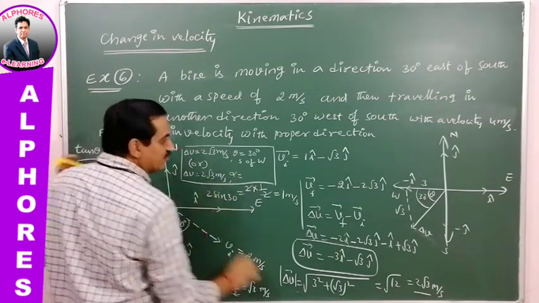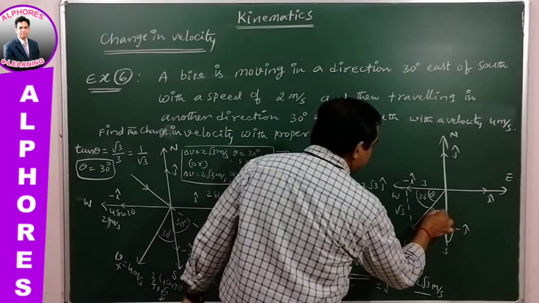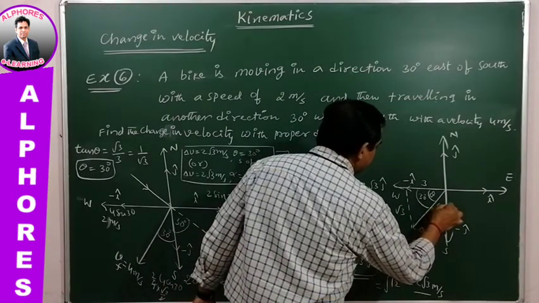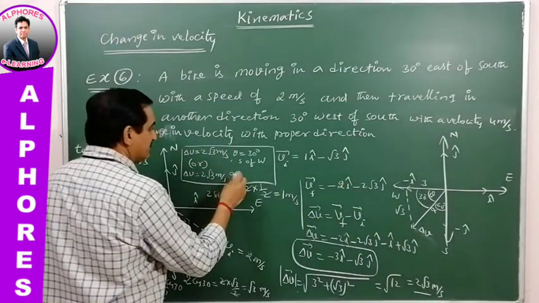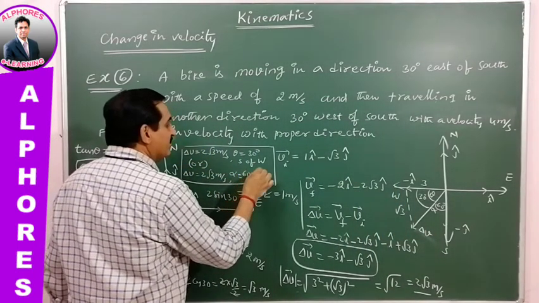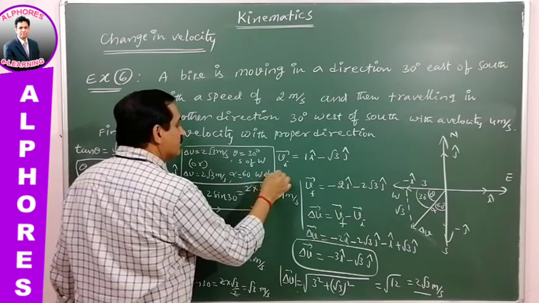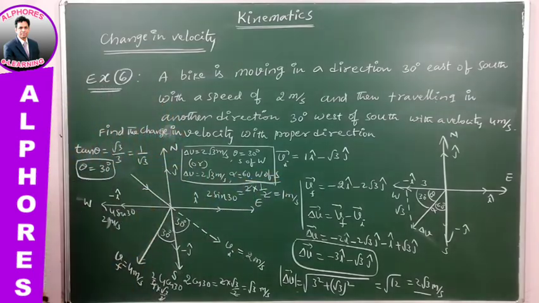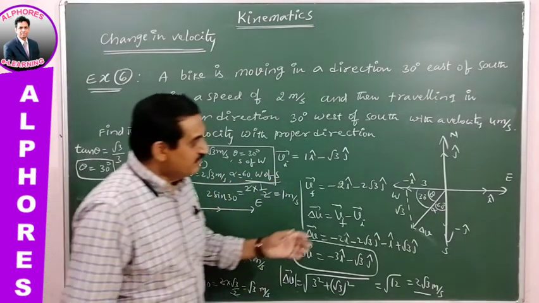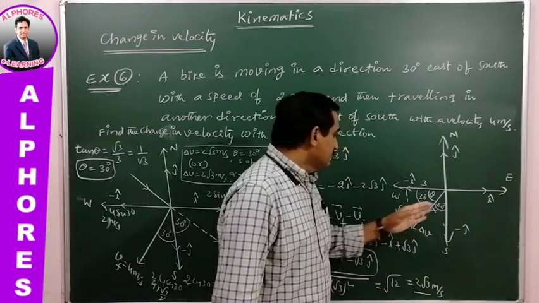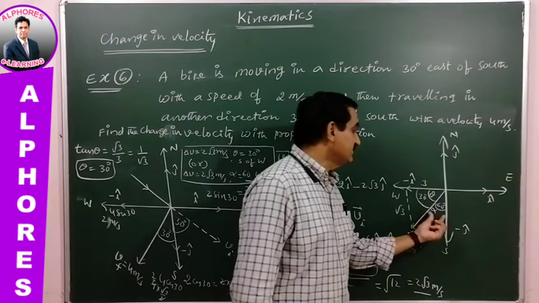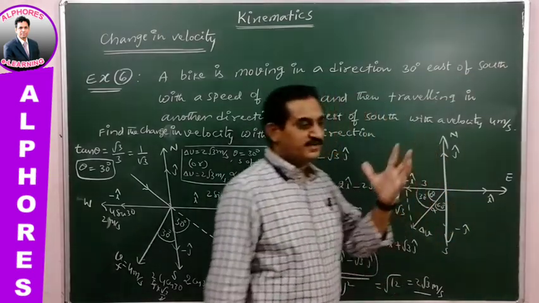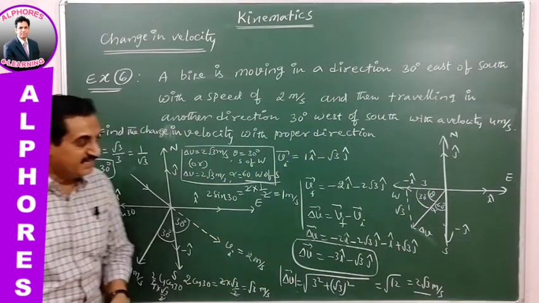This is 30, this is alpha, 60 degree remaining, so 60 degree west of south. This is your answer. Either we can give its direction as 30 degree south of west, or 60 degree west of south, and magnitude is 2 root 3 meter per second.